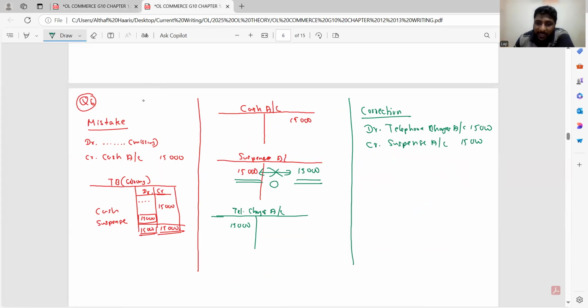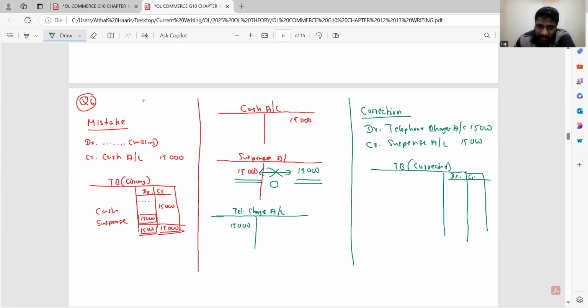Now this is the corrected trial balance. Debit, credit, trial balance, corrected. So no balance is there in the suspense. Debit 15,000, credit 15,000 will get cancelled off.